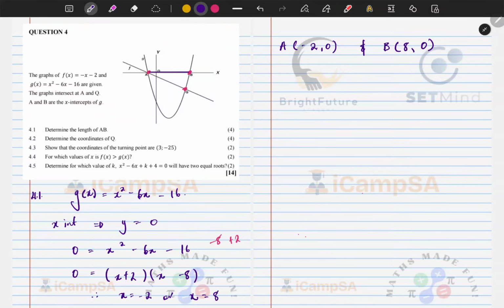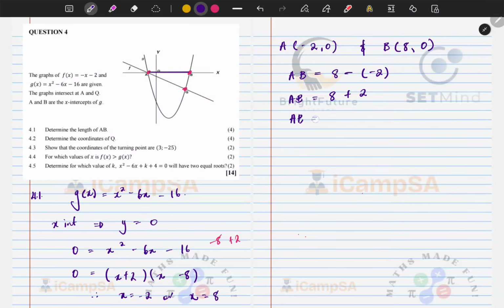Therefore, in order for us to find the length, AB is simply 8 minus minus 2. So your AB will be equal to 8 plus 2.